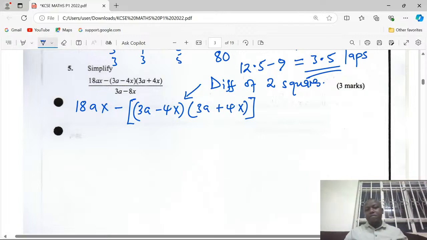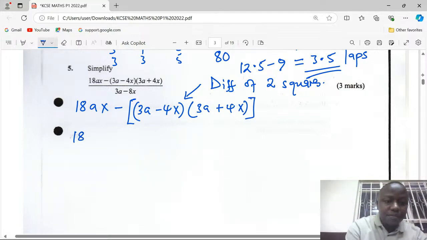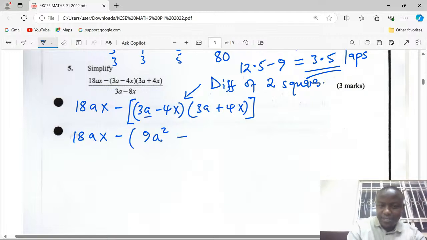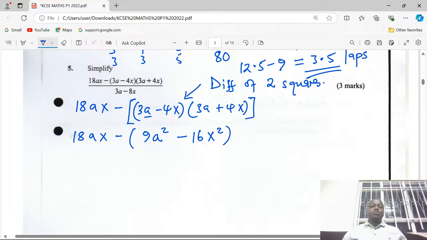Very easy for us to expand, because we say this is 18ax. Then when the other part is expanded, we'll be subtracting 9a squared minus 16x squared. So that is the expanded difference of two squares.